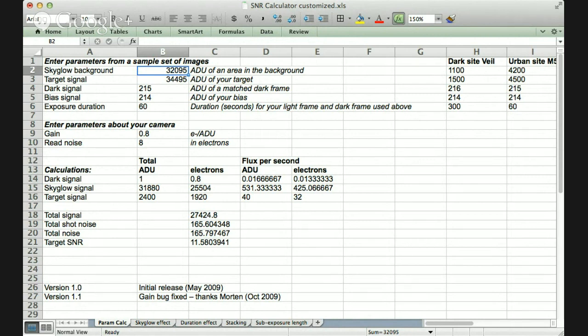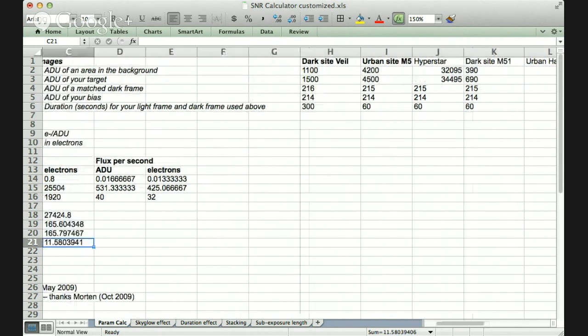How long was your exposure duration? And then it figures out how much total signal there is, how much shot noise there is, how much total noise there is, and what your SNR is. And you can then start to say, okay, what would happen if I changed some of these numbers? What would happen if I changed the dark signal? And start to play with these kinds of things.